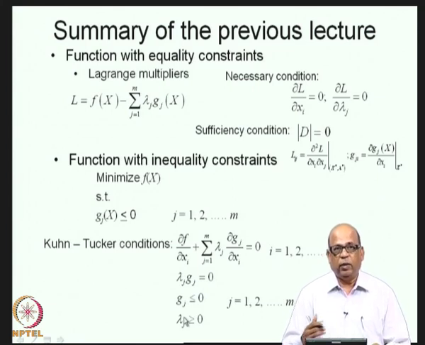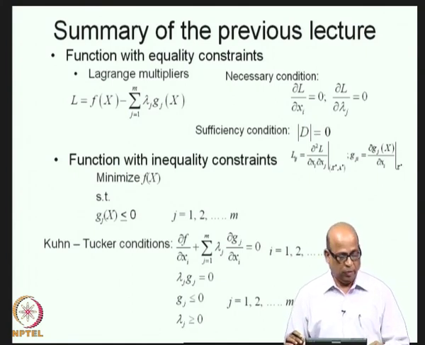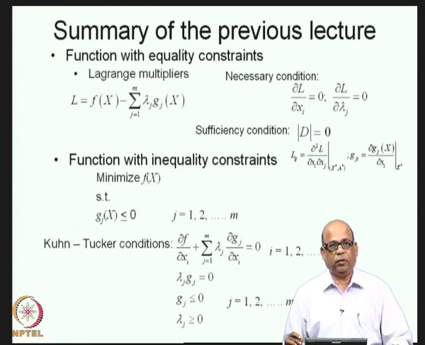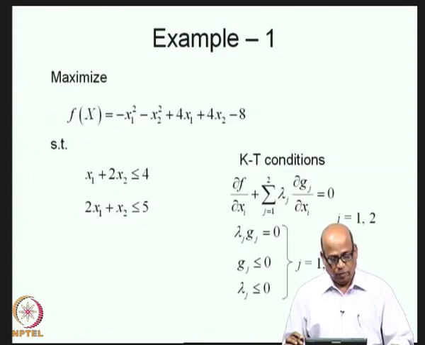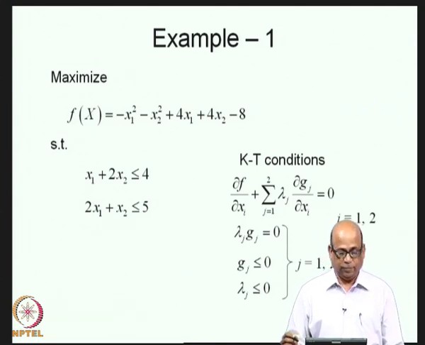You may have several solutions arising out of the first two conditions. We examine the satisfaction of these two conditions for each of them, and then out of the several solutions obtained, maybe 1, 2 or some number of solutions satisfy all the conditions, and these correspond to the stationary points of the problem.